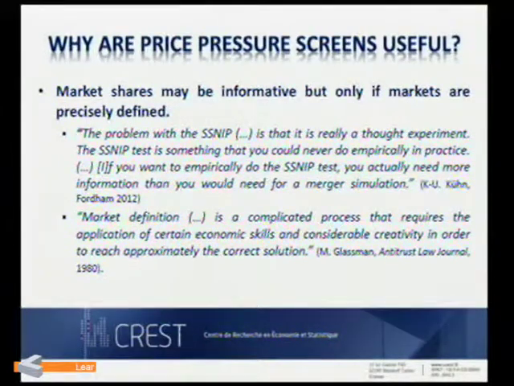If you really were to do the SNIP test properly, you need a lot of information on the market, on the parties' products, but also on the competitors' products, and you've more or less done a merger simulation in disguise. So if you've already done your merger simulation, there's no point in going back to using that to define markets and use market shares to estimate the effects of the merger. You've already done most of the exercise.